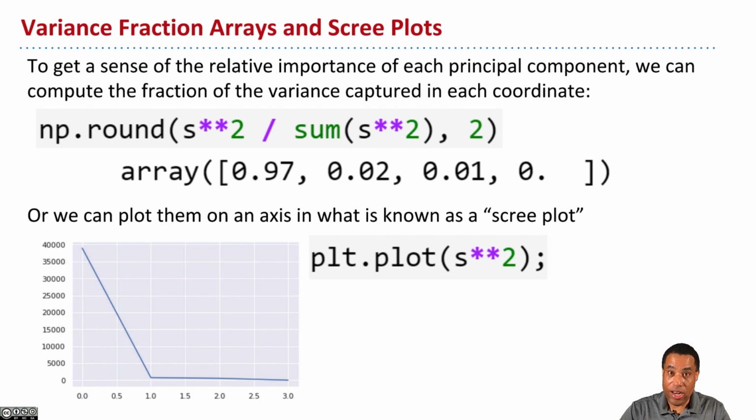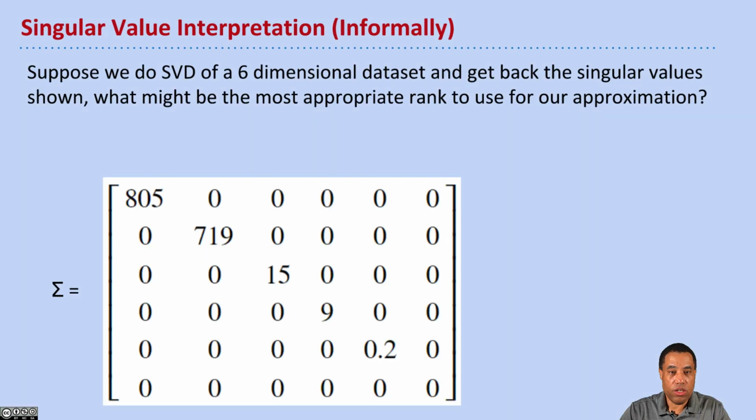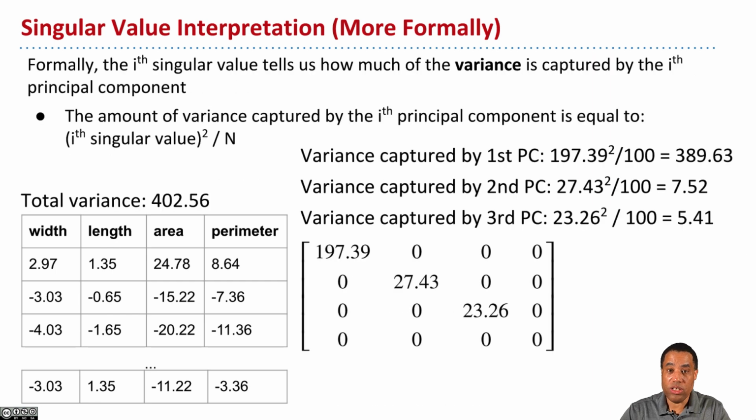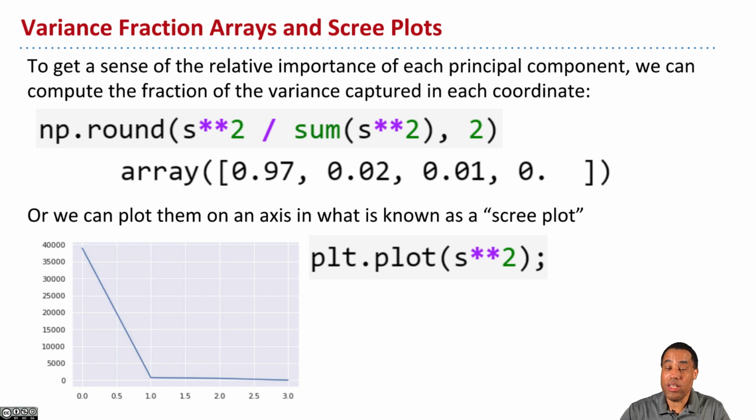Now, why am I showing this? Because again, I asked you a question earlier, which was, what's the appropriate rank to use to approximate our data? And so this is the approach that you can use. You can compute the variance that's captured by a particular principal component, and then divide by the sum of the variances, and that'll tell us what the contribution is.